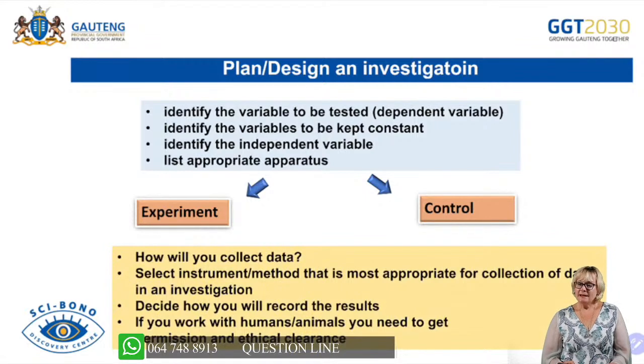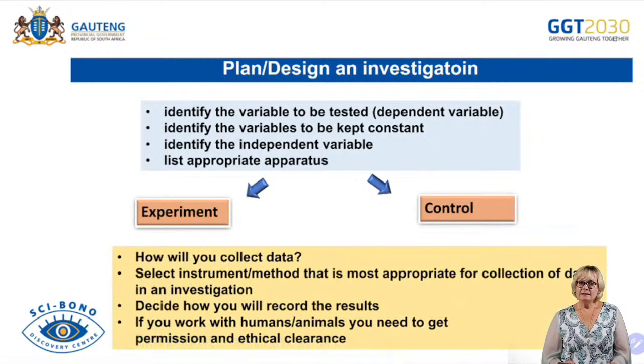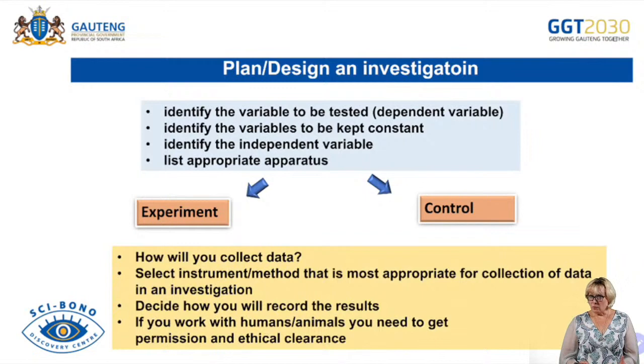How will you collect data? So you have to think about this. Select instrument, a method that is most appropriate for collection of data in an investigation. Decide how you will record the results. If you work with humans or animals, you need to get permission and ethical clearance. So you can't just go and buy a rabbit and now you want to do experiments on this rabbit. It's not ethical. You first have to get permission to do that from the SPCA.